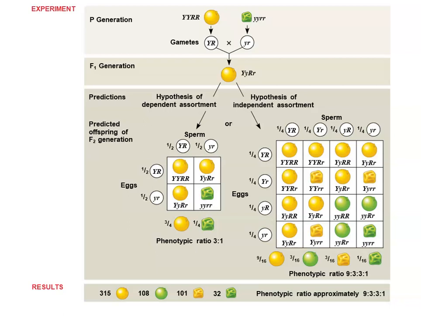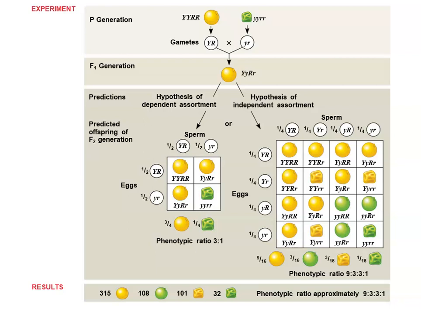The F1 generation was recessive for both of those traits. And if those two had truly stayed together as a unit, then you would have only had Y with R and little y with little r. And you would have only had a 3-to-1 combination. You would have only seen the traits that you observed in the parents back in the P generation.